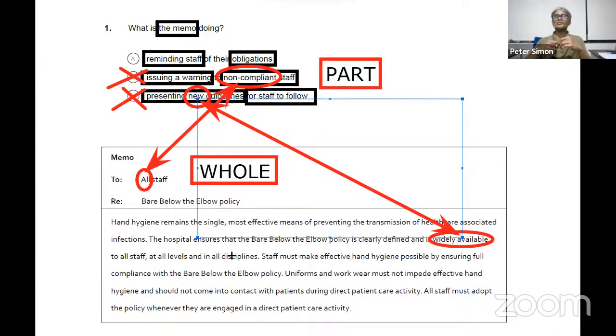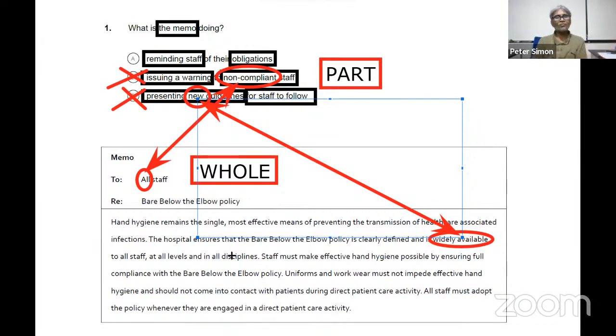Right. So this is eliminated. This is a red flag because this is new. It means you have 0% knowledge about it, but widely available to all staff, all levels, all disciplines means 100%. This is proportionate percentage. What proportion of knowledge do you have? If I'm going to give you something new, you have 0% knowledge of it.